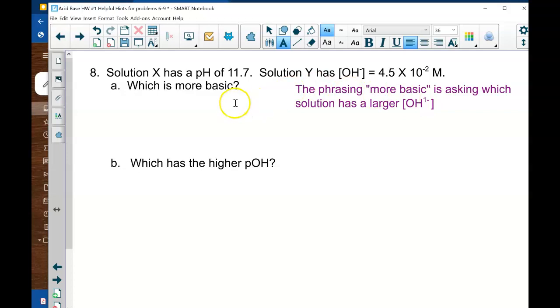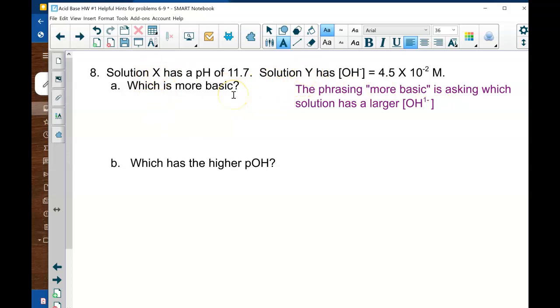So you're going to have to take solution X and from the pH of 11.7, figure out the OH minus concentration. And then you will write a statement identifying which one has a larger OH minus concentration. And in your statement, you would explain which solution is more basic based on which one has a larger OH minus concentration between solution X and solution Y.